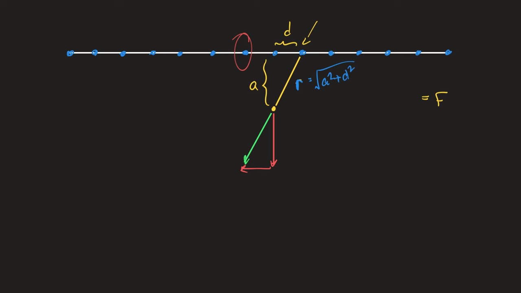So that allowed us to identify an angle theta here and recognize that the force we want isn't F, but F cosine theta. All of this should look familiar to you. That's something we've already kind of done.